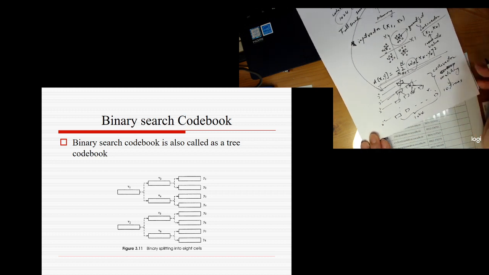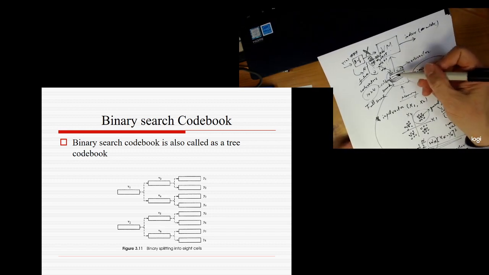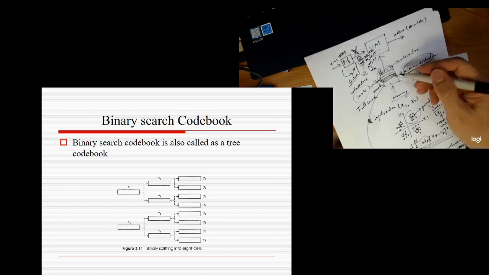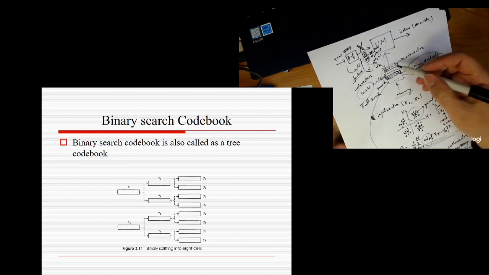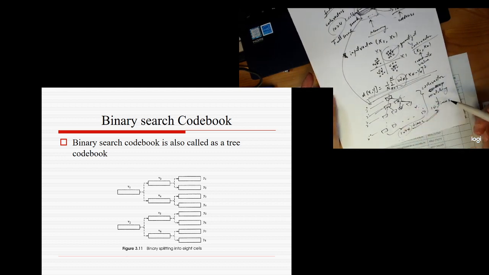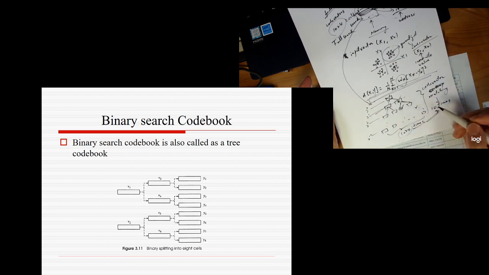So you are reducing from 1024 times covector matching to 10 times, because the full search goes one by one, calculating which covector is the winner with minimal distortion. If we change our codebook into a binary codebook, we only compare the winner 10 times.